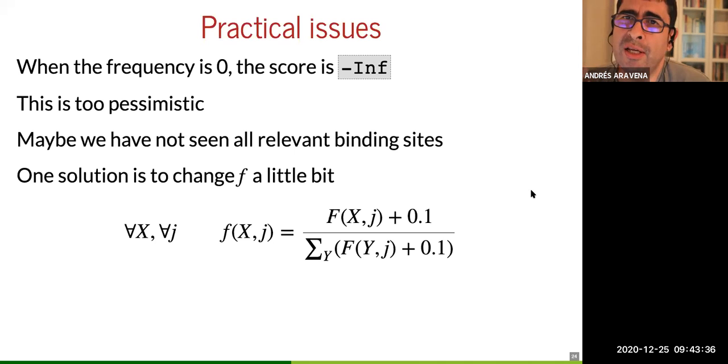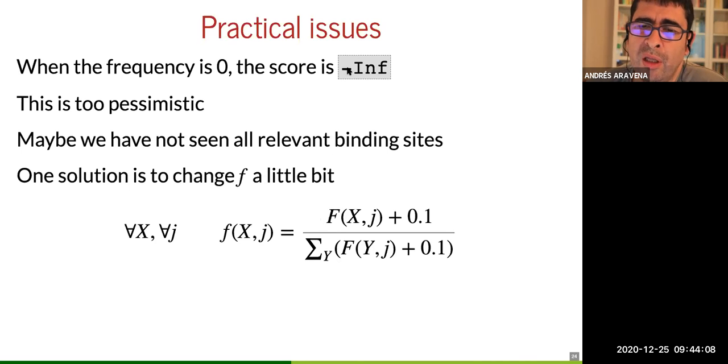We only see the experiments that we see. So if we get 0 in a column, it may be because we had bad luck and we never saw the case. It may be that later, with further research, you find a new case of a binding site where that number is not 0. So there is a chance that you are missing something.